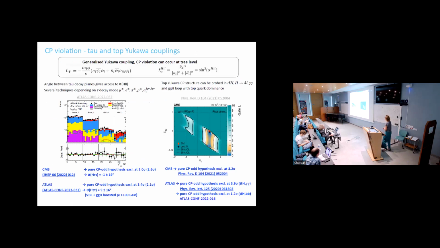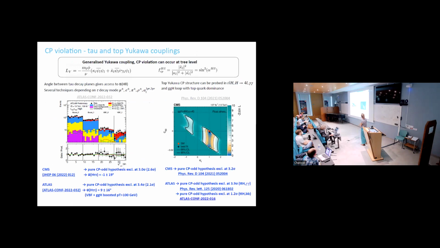Now, as we heard, there is a lot ongoing also to search for CP violation in the fermionic coupling and the Yukawa coupling, trying to see if there is something in a CP-odd contribution. We have two results, by CMS and ATLAS. The CMS result has been published recently: the pure CP-odd hypothesis is excluded at the 3 sigma level.